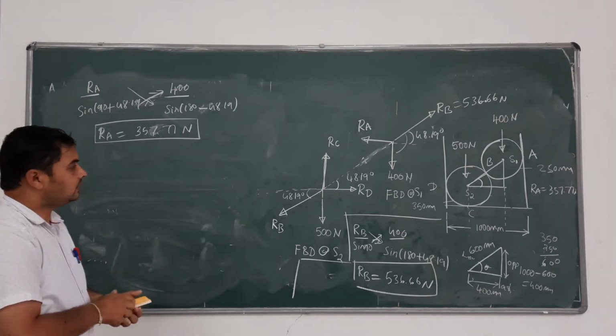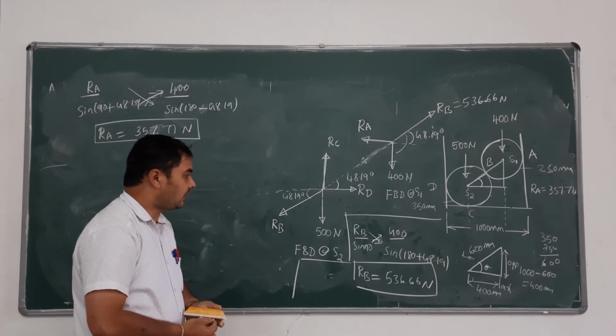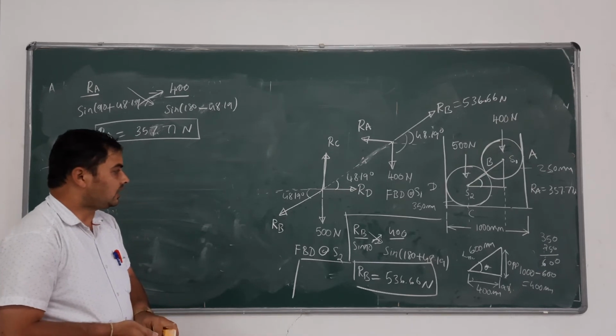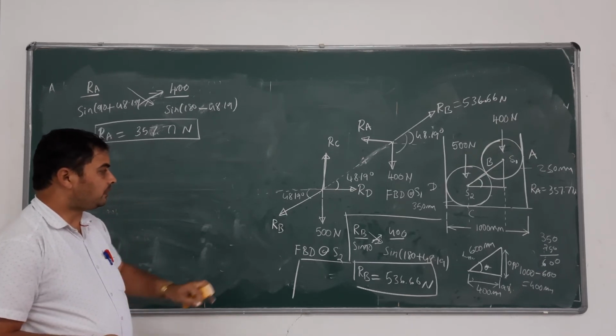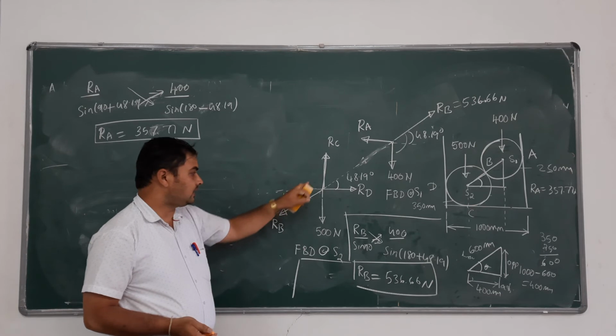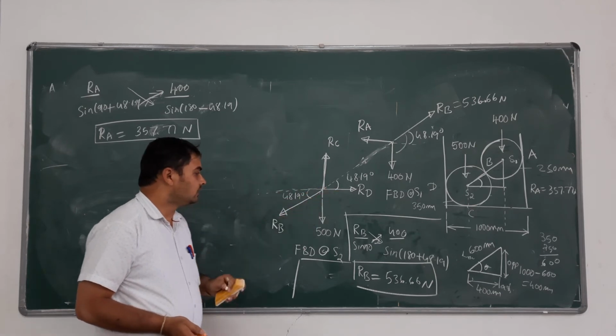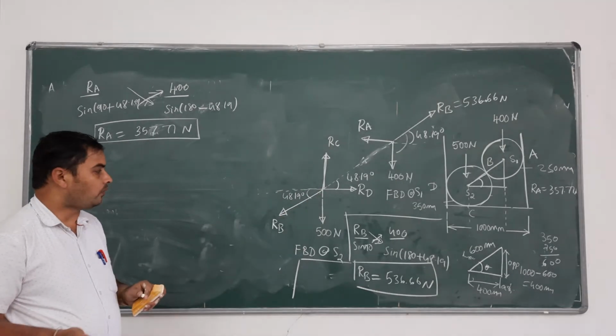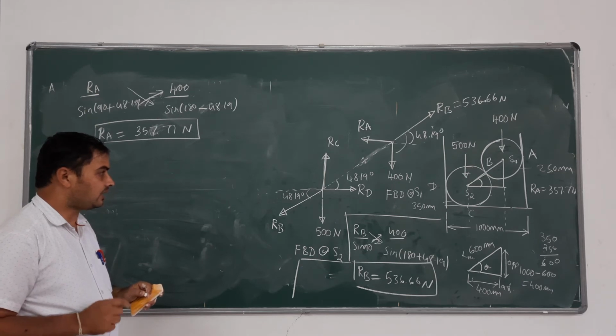To calculate the reactions at the points RC and RD, we cannot use Lami's theorem. We can apply the conditions of equilibrium, because here four forces are there. We can apply Lami's theorem only when three forces are acting at a point.